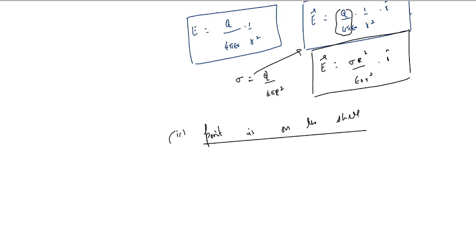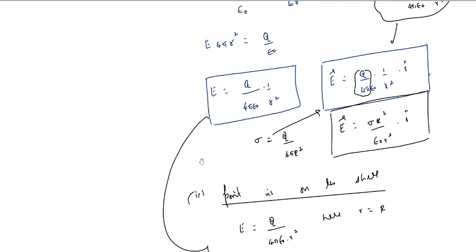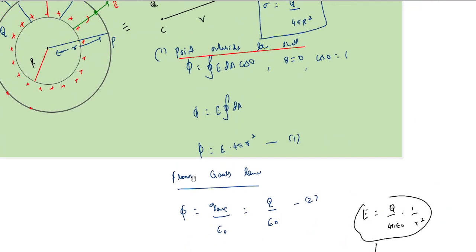If the point is on the shell, then if you rewrite this, E is equal to capital Q by 4 pi epsilon naught into r square. Here small r becomes equal to capital R, because small r is a general point. It's a variable.